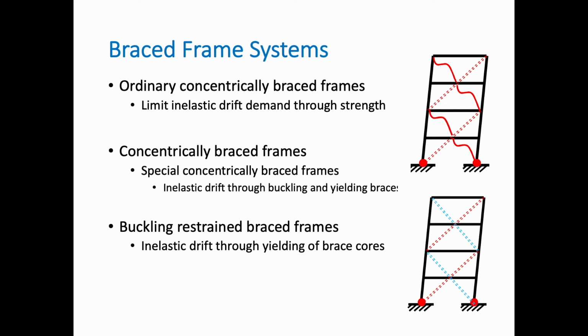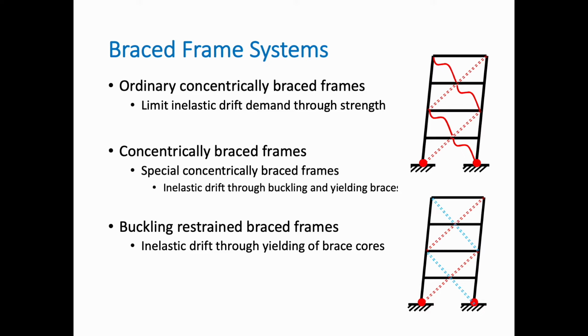Lastly, we have the buckling restrained braced frames. These again have inelastic drift, which is achieved through yielding of the brace. In these particular systems, we have a very detailed BRB diagonal member, which can yield in both compression and tension, so in a ductile manner.